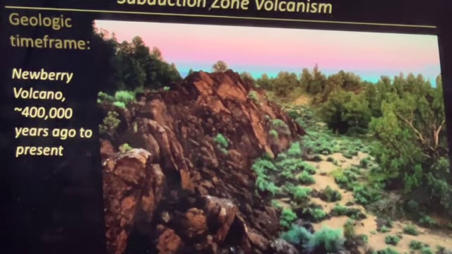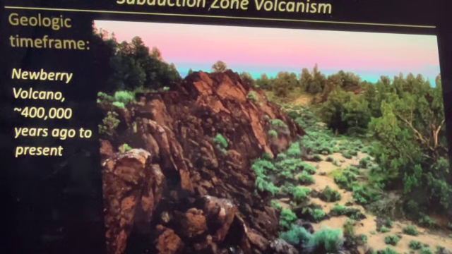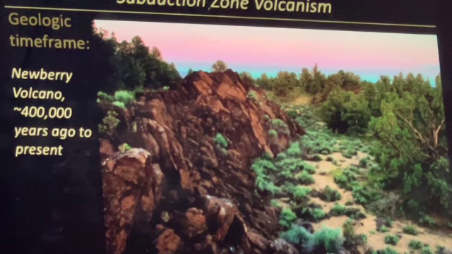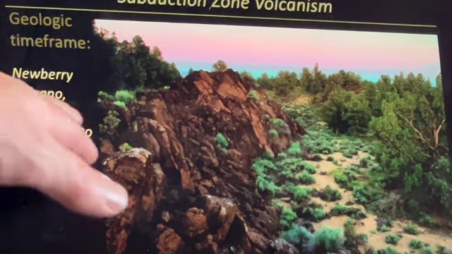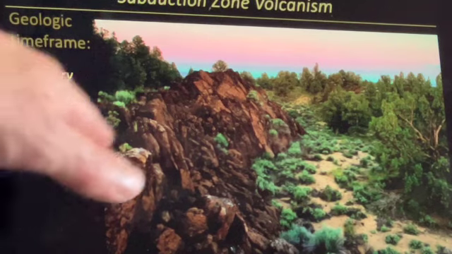And then this is Newberry Volcano, which is about 400,000 years. So now we're getting into the current volcanoes, not just the Cascades, the volcanoes that exist now that we can look at on the skyline, depending on where you are. Newberry Volcano is about 500,000 years in age, but I do say 400,000 years to present. And it really is.